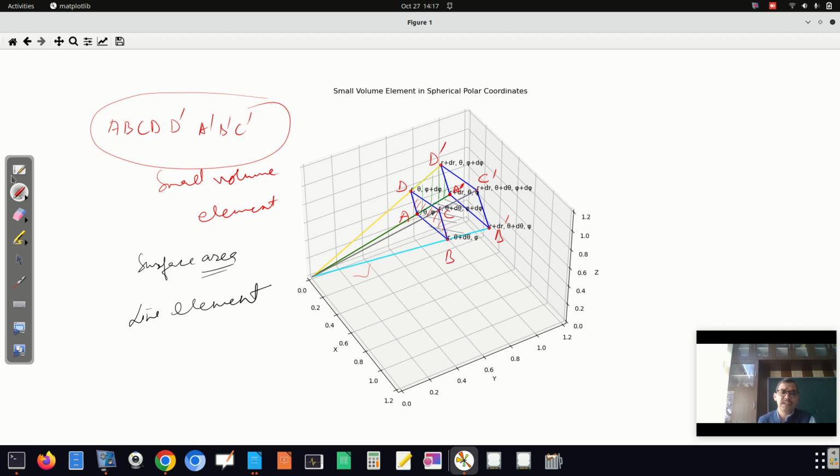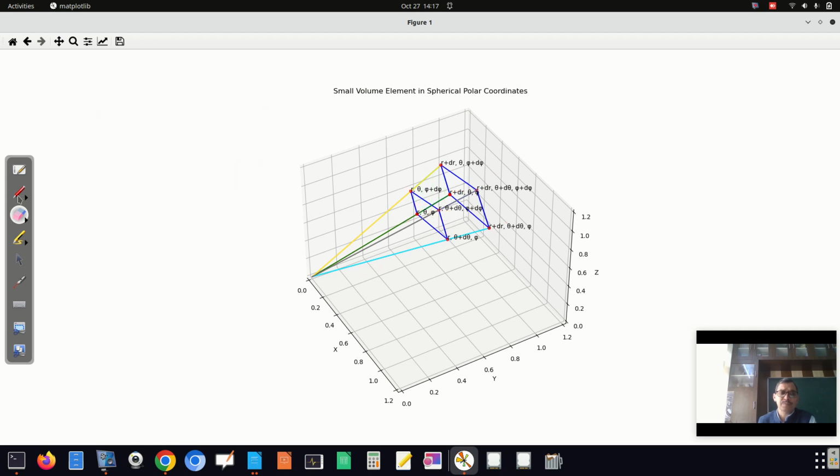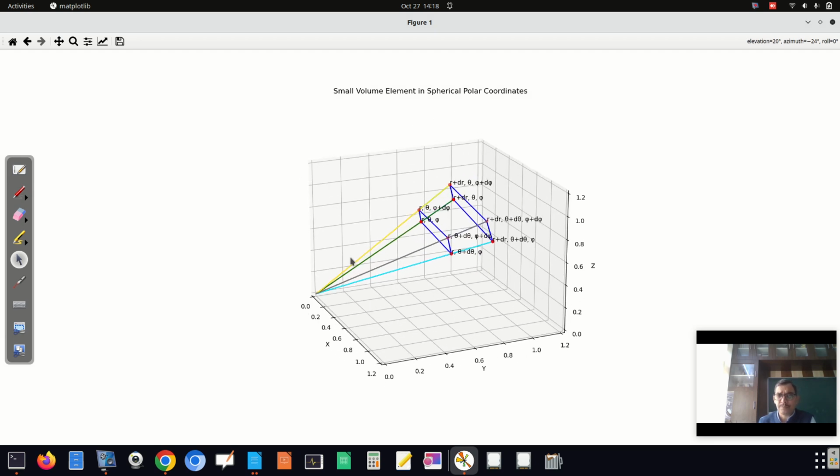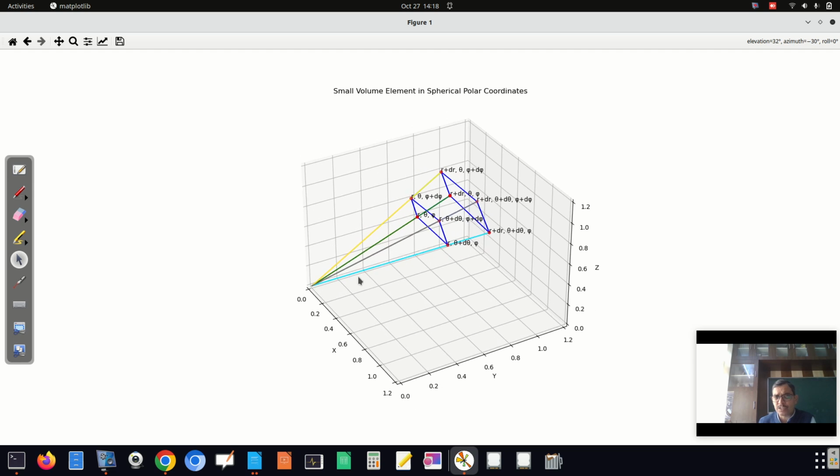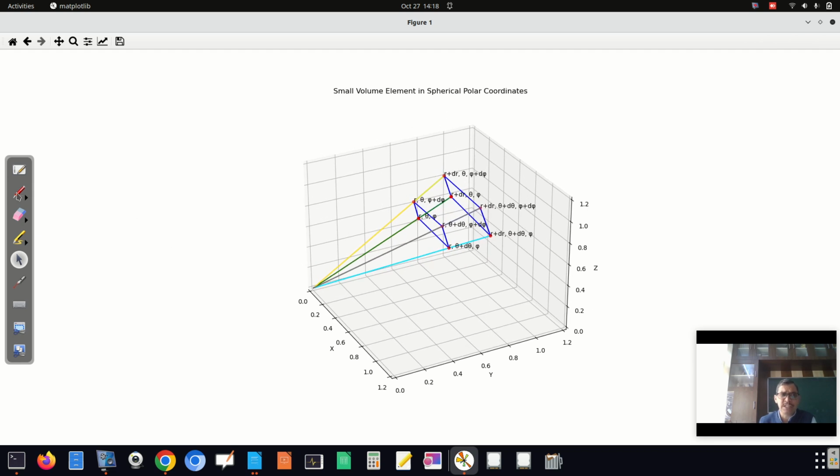So what is the line element? Let us have a look at that. Let me clear the screen now. So this is a small element. Say the coordinates which I have shown are r, theta, phi, and say this is a small line element.